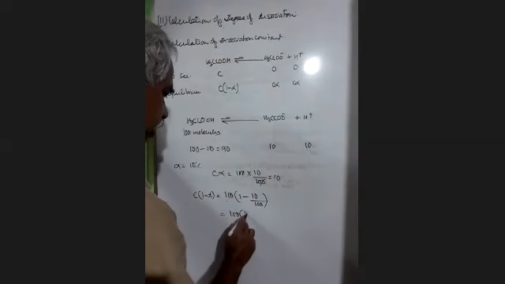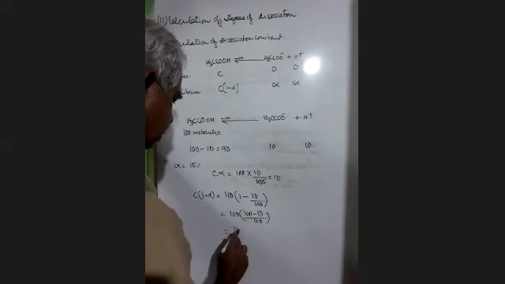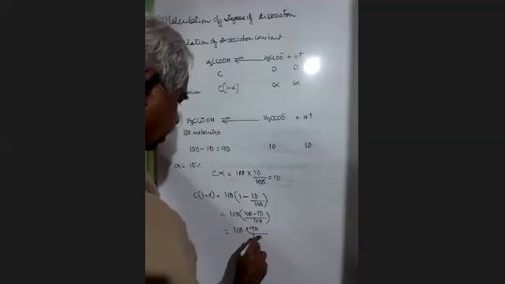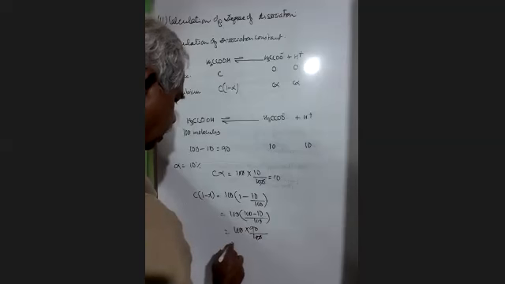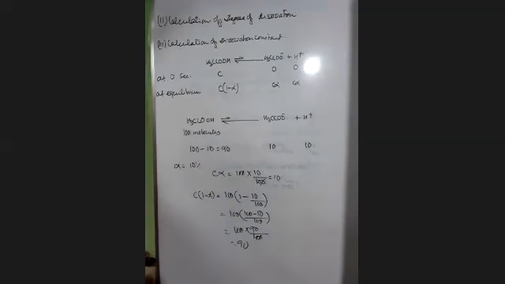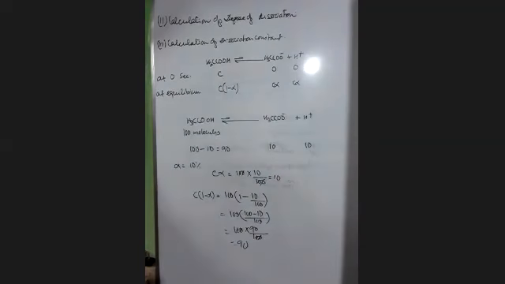If I take 100 minus 10 divided by 100, how much does it come to? 100 into 90 divided by 100, how much does it come to? 90. See, is it 90 or not? Because of that, I have written this. So this portion you need not write. You understood. Right up to this.